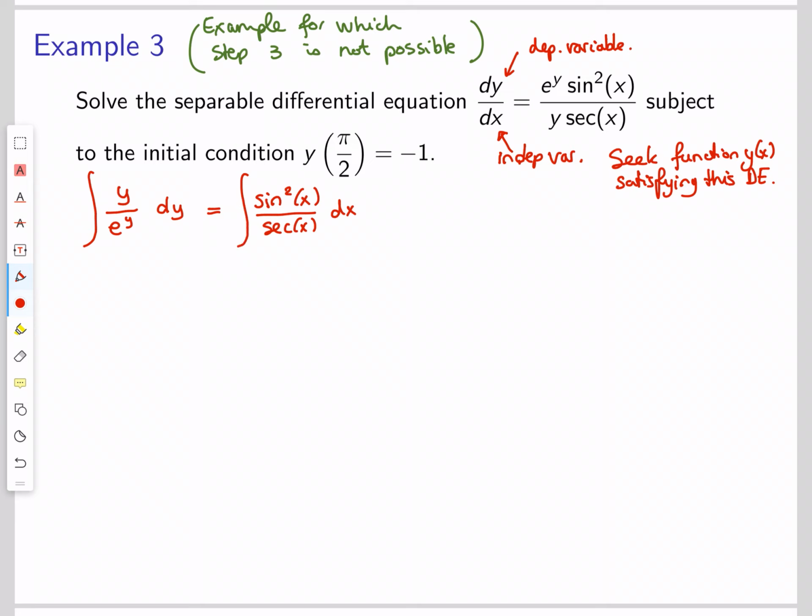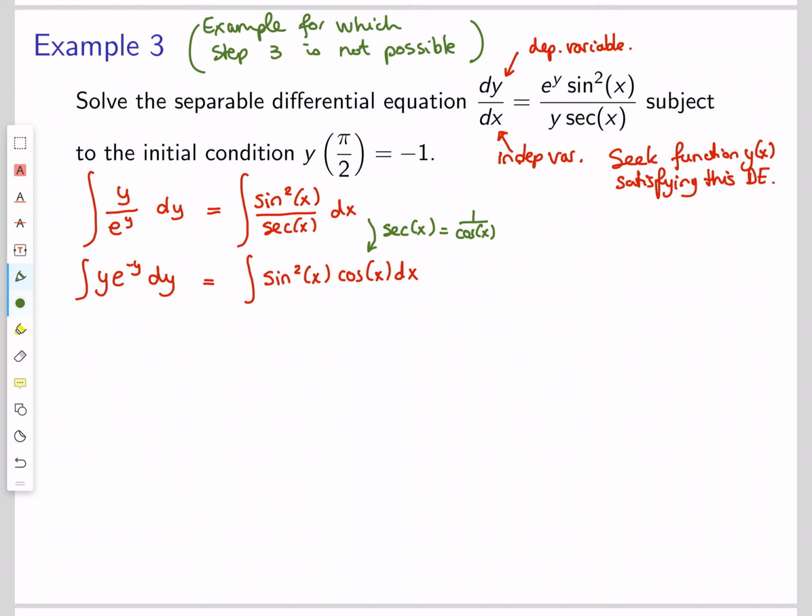Now I'm going to rewrite both of those because neither of those we're going to evaluate as written. The one on the left-hand side, I'm going to rewrite as y times e to the minus y dy. And on the right-hand side, I'm going to rewrite this as sine squared of x times the cosine of x dx, because the secant of x is 1 over the cosine of x.